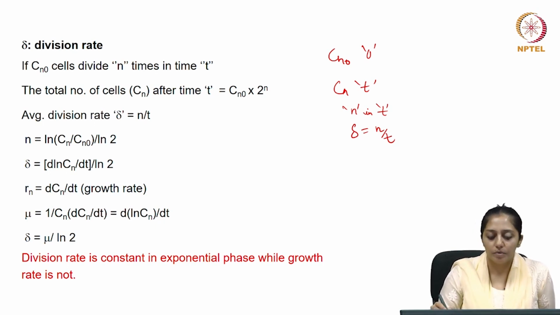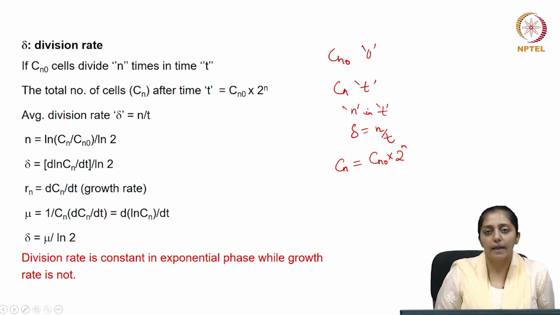Now, if I need to determine n in terms of Cn, so if you remember, Cn, which is the number of cells after time t, will be equal to Cn naught multiplied by 2 to the power of n, because after every division the cell will be becoming 2. So, if there is one cell, after one division it will become 2 cells, after 2 divisions it will become 4.